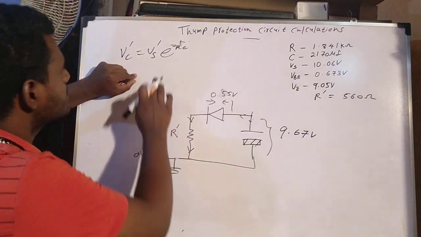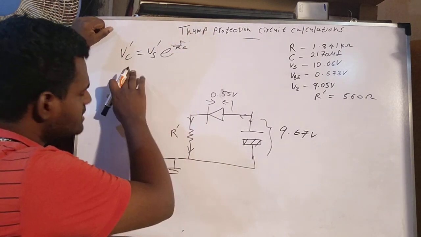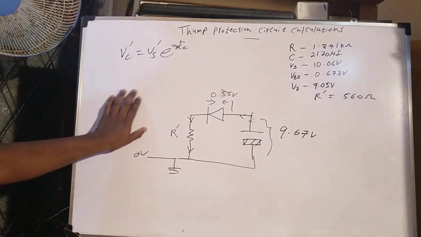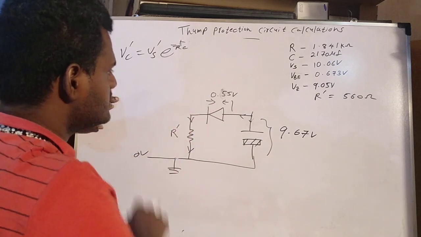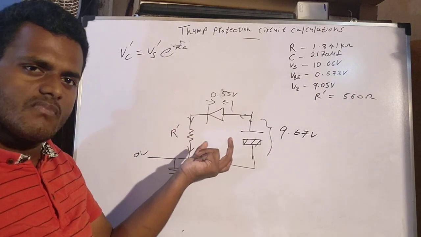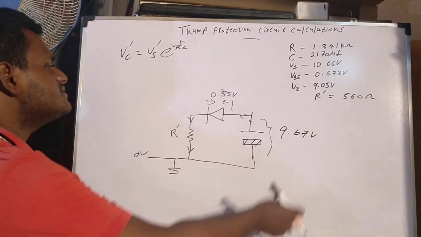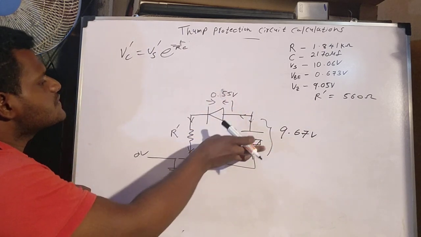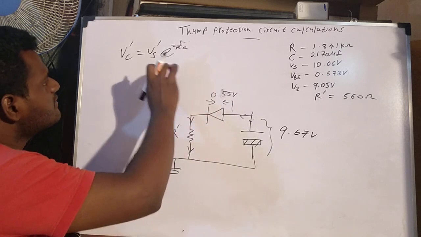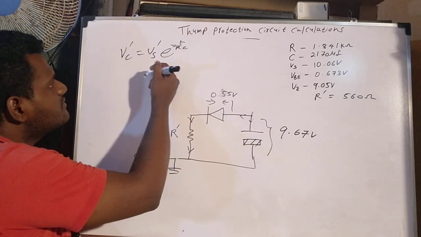So here, what is Vs dash and what is Vc dash? Actually, Vs dash is the supply of this circuit. Here, supply means the capacitor acts as a supply, so that voltage we can take as Vs dash.